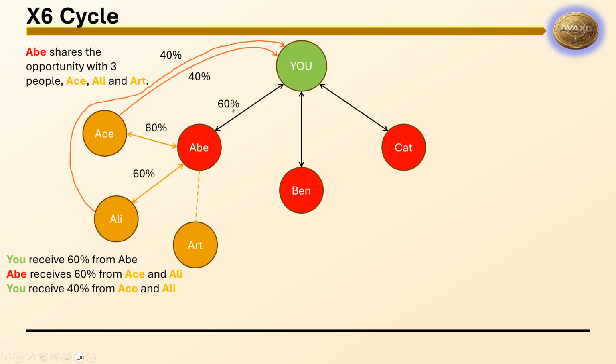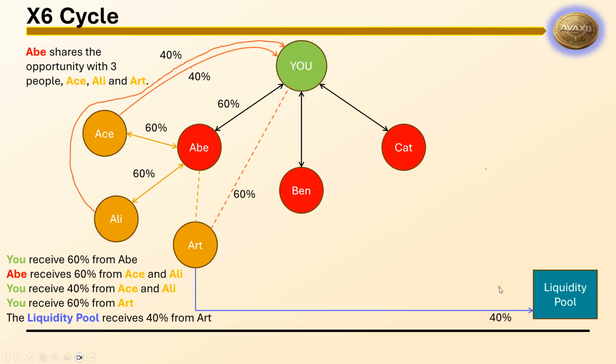So you're getting 60% at level 1, for example, everyone's at level 1. You're going to get 60% of 2.2, 40% of 2.2, 40% of 2.2, and then when Art gets in, you're going to get another 60% of 2.2. So that's 200% just on this leg here, 200% of that 2.2 AVAX. So you're going to get 4.4 AVAX. The rest of Art's money goes to the liquidity pool.